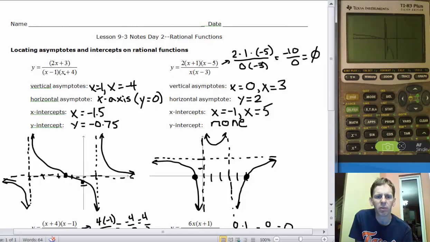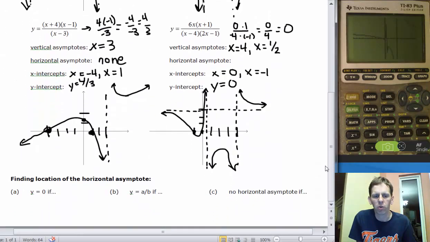In the denominator, we have 2 x's. We say the degree is 2. And if the numerator has a smaller degree than the denominator, it's always the case that the horizontal asymptote will be the x-axis. So we know that y equals 0 is the horizontal asymptote if the numerator has a smaller degree than the denominator.